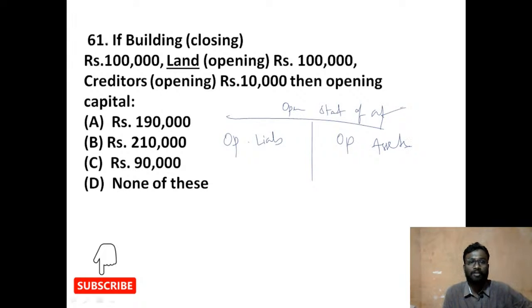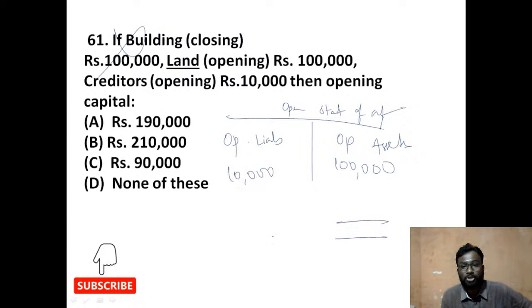Building closing value will not be considered anywhere. Land opening is 1 lakh. Creditors opening will be 10,000 since it is an opening liability. So the net difference is 90,000, which is option C. Very good, Srujan.